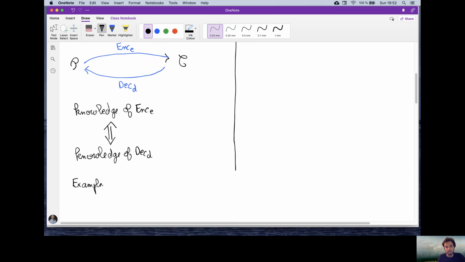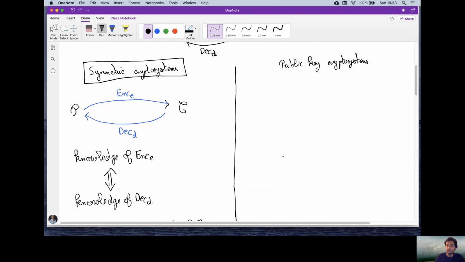If the enciphering transformation is shift plus 3, then the deciphering transformation is shift minus 3. And I have not given you any new information by telling you how to decipher, because you can deduce this on your own. That's what a symmetric cryptosystem is.